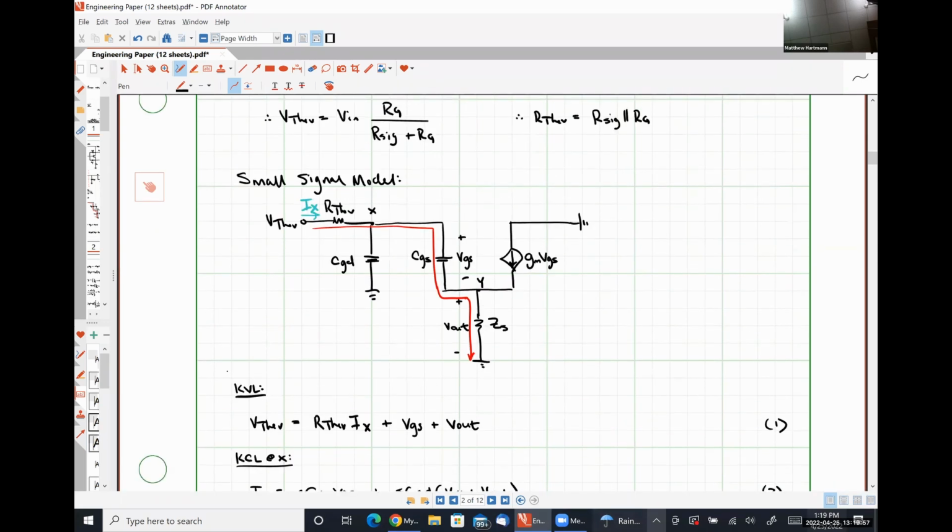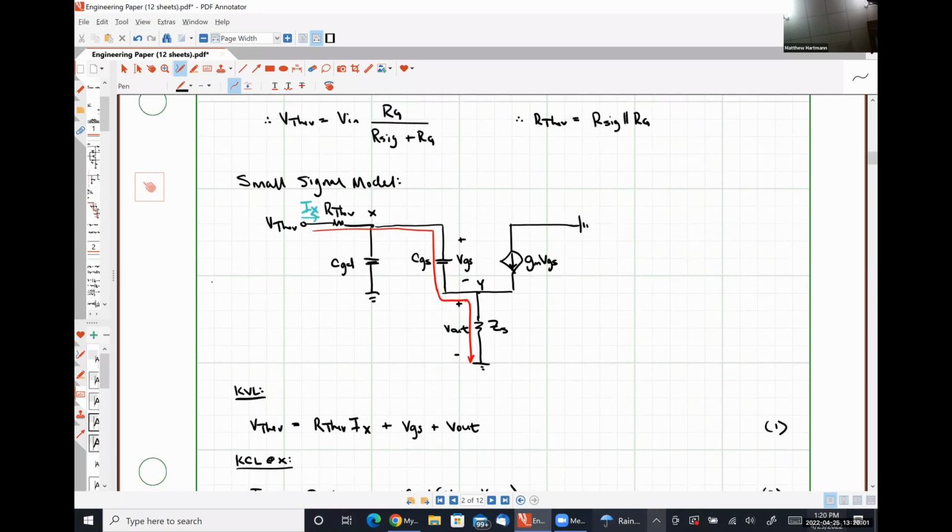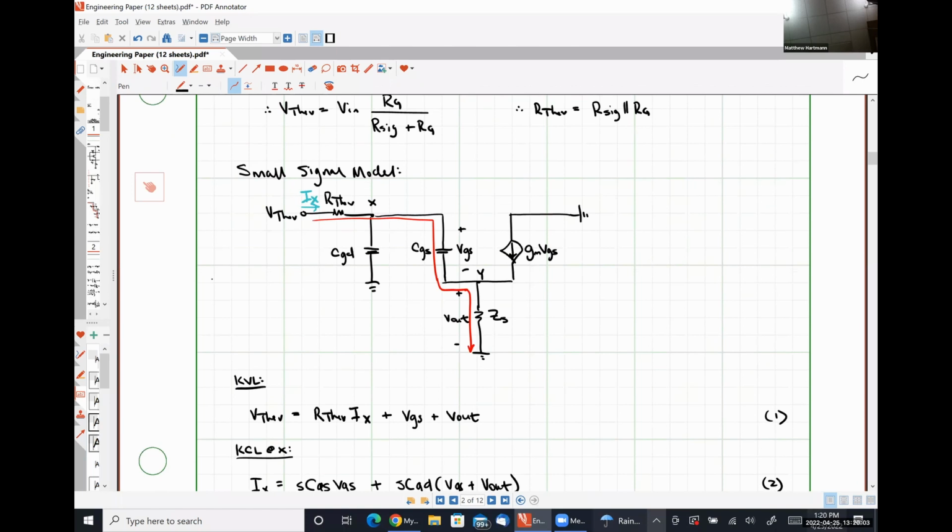Okay, so that was our direct analysis. It was annoying, as it tends to be anytime that I have my input node, which is the gate of my transistor, and my output node, which was the source, coupled together.